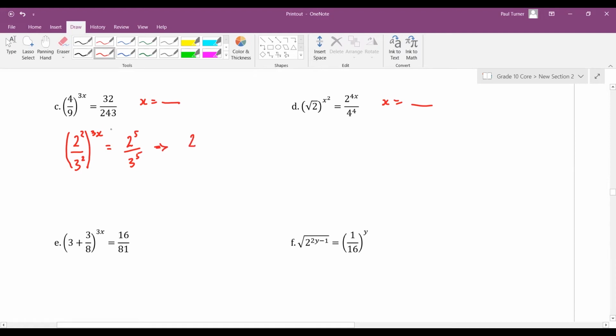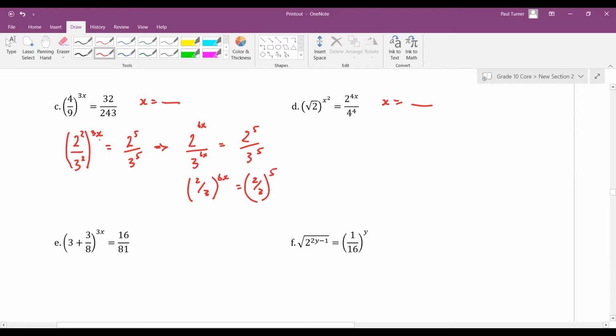So 2 power 6x on 3 power 6x equals 2 on 5, 3 on 5. So now we have the same power. What I'm going to do is just make them as a bracket. So 2 on 3, 6x, and that would be 2 on 3 power 5.